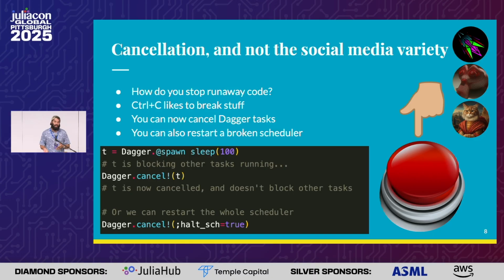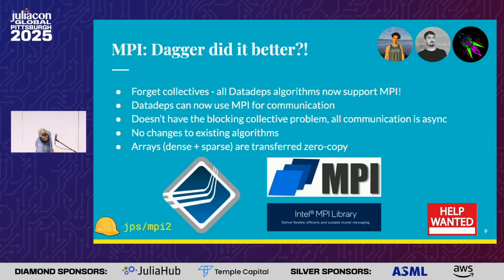Dagger now provides a mechanism called Dagger.cancel, which allows you to cancel or stop Dagger tasks and allow other Dagger tasks to take their place and run. And it also lets you, if you somehow manage to break the scheduler and you need to restart it, but you don't want to restart your Julia session, there's also a variant that lets you do that quite easily. I use this for development all the time. It works awesome.